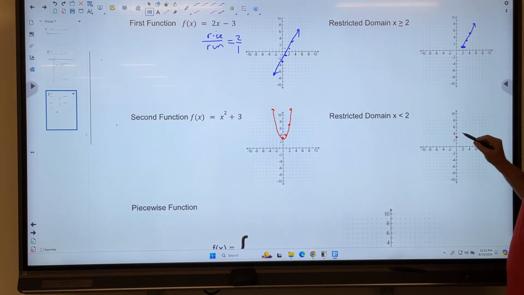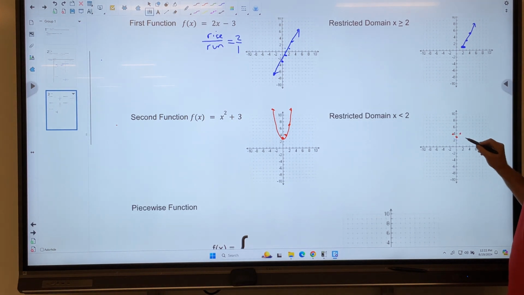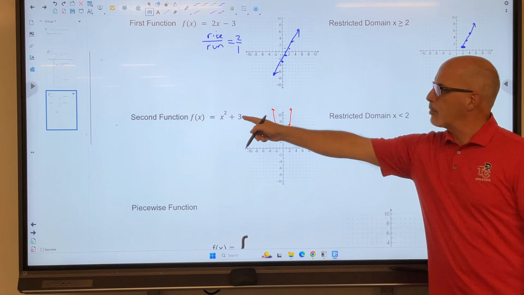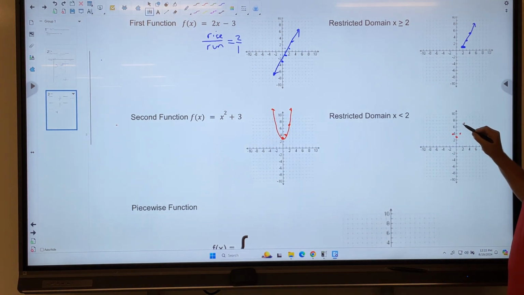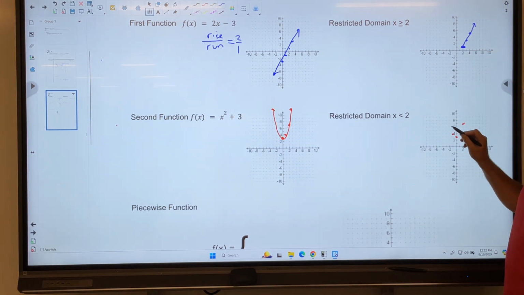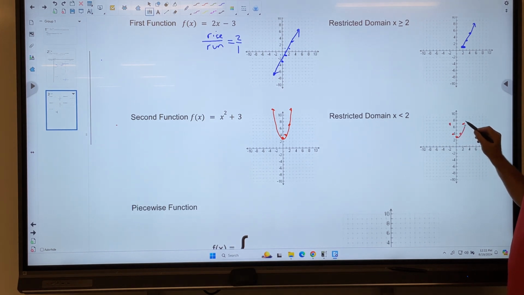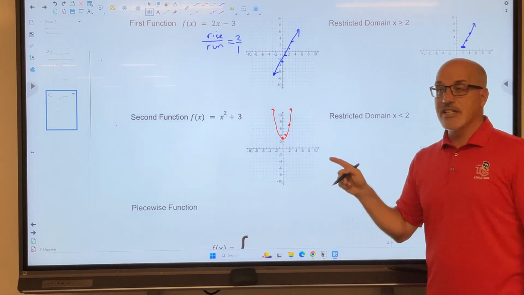And then if you put in 1, it's going to equal 4. -1 will be equal to 4. If you put in 2, you'll get 2 squared is 4 plus 3 is 7. So up to 7. Same with -2 squared is a positive 4 plus 3 is equal to 7. And so when we look at this graph here, what we want to do is restrict the domain to less than 2.